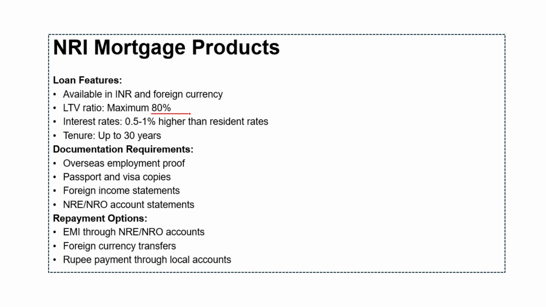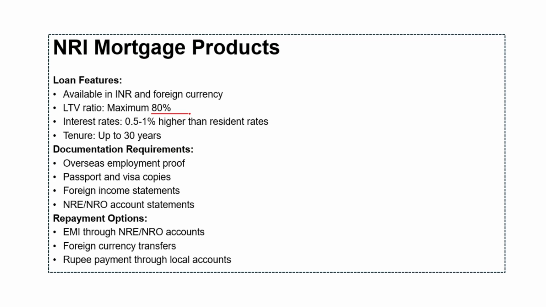And then the 30-year tenure, longer than many resident loans, acknowledges NRIs' longer earning horizons, very long-term loans, because it is understood that their earnings can be much higher, and they have different financial planning needs.